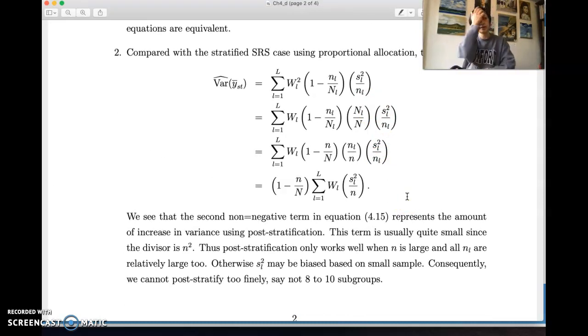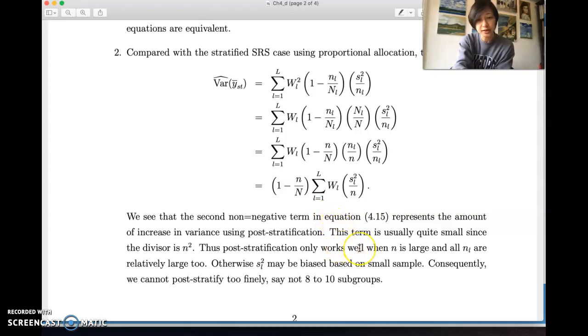So if we first collect the data n from the population, and then after we collect the data, we look at n1, n2, men and women, and then we divide them into strata, that would be a substantial amount of variance that we are actually adding into the stratification. That's why it is called the post-stratification method.